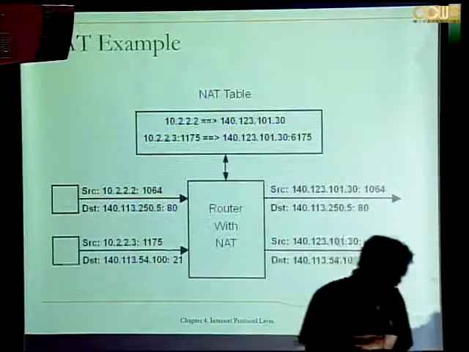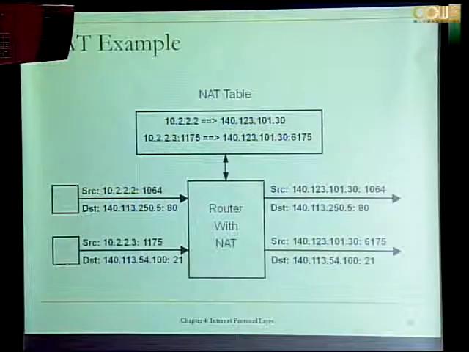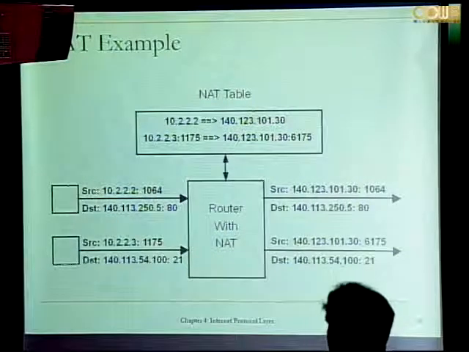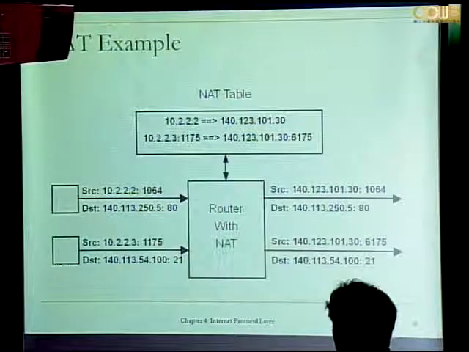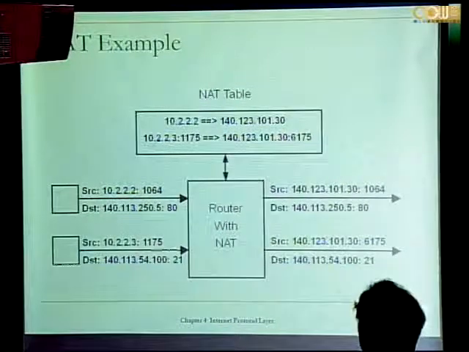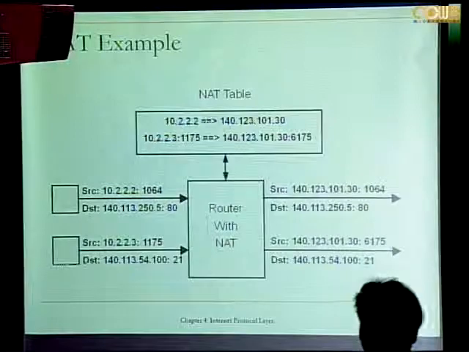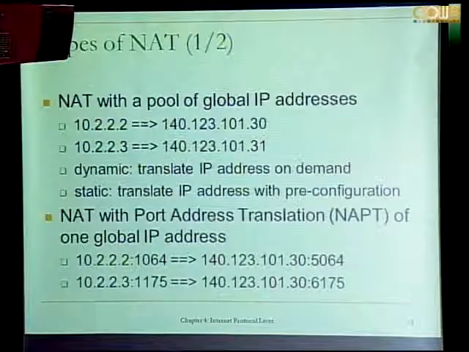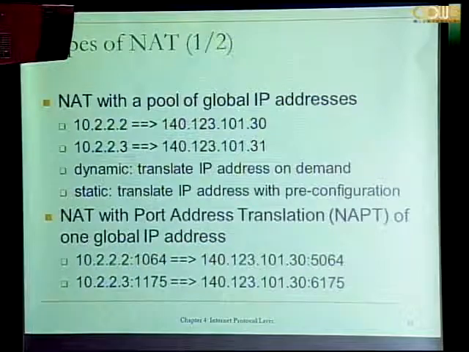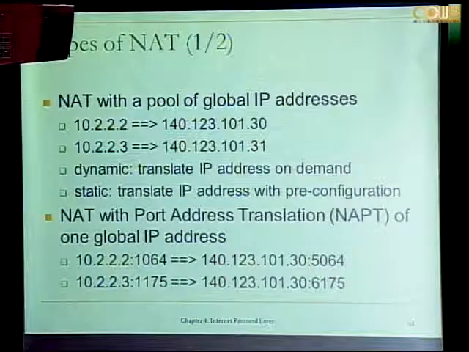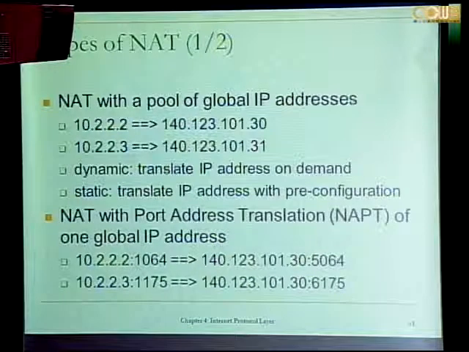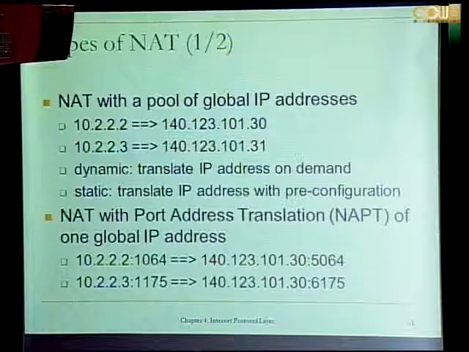So sometimes I need the port number as well as the IP address, in order to differentiate them. And NAT will have a pool of global IP addresses, so that you would be able to allocate. But sometimes it only has one IP address.